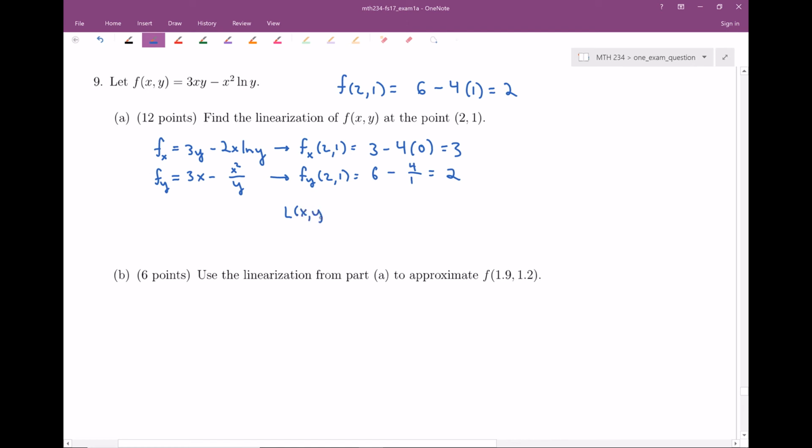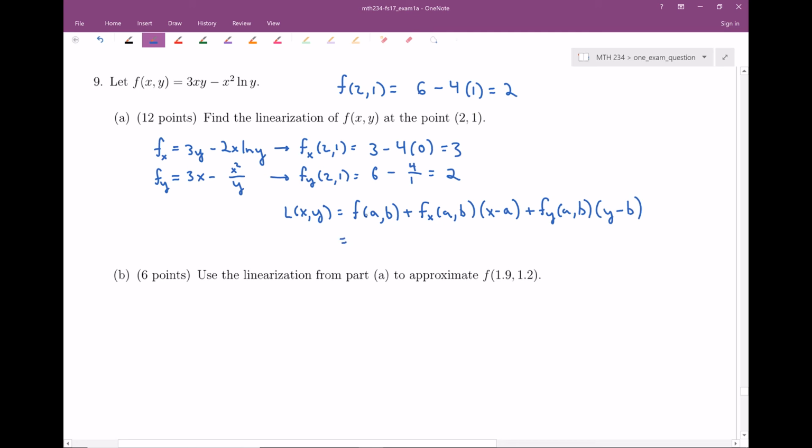Remember, we have an equation for the linearization. L of x, y goes something like f of a, b plus f sub x at a, b times x minus a, plus f sub y at a, b times y minus b. Our specific a value is 2, our b value is 1.